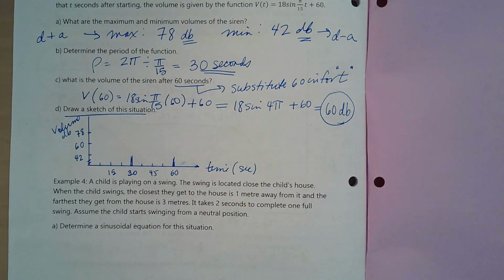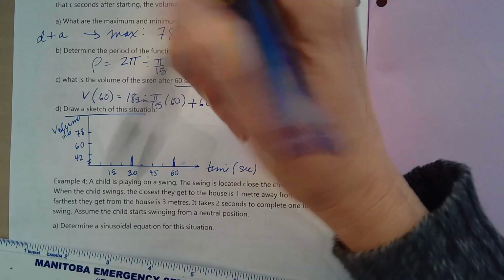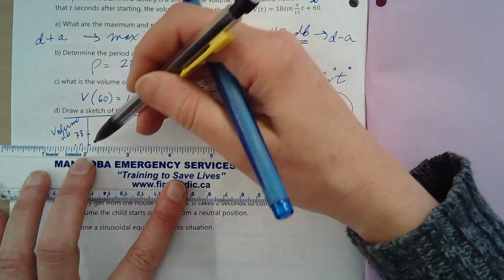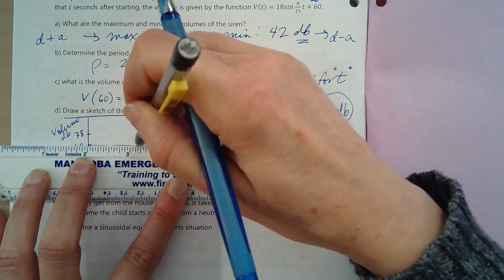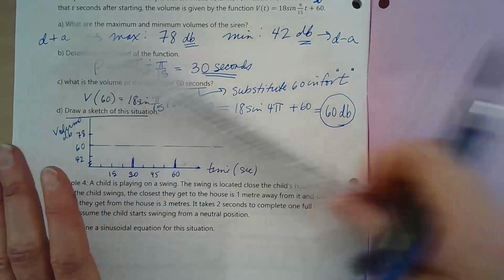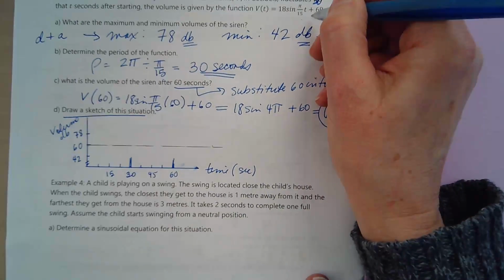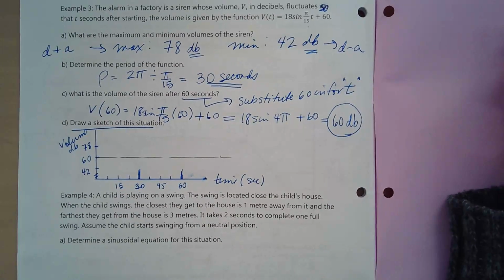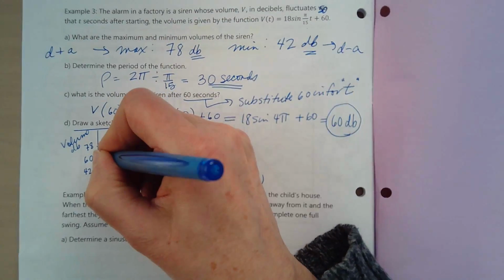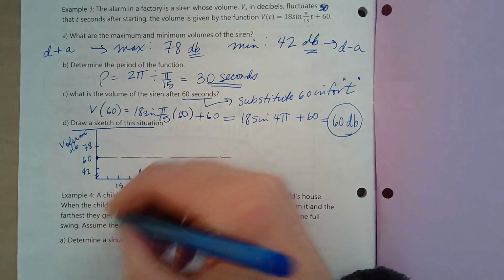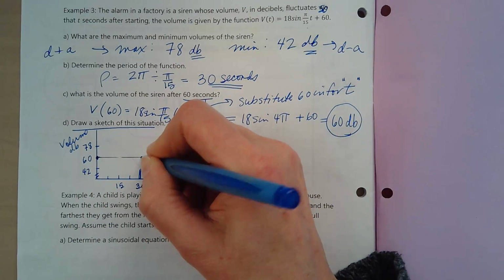Just going to do a really quick little sketch here. This is my middle. Now there's no shifting, right? So this graph would start, sine starts on the middle, and it ends on the middle.